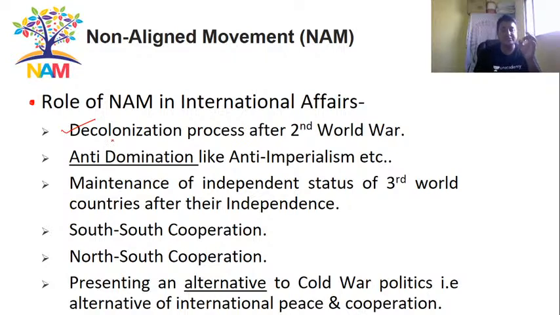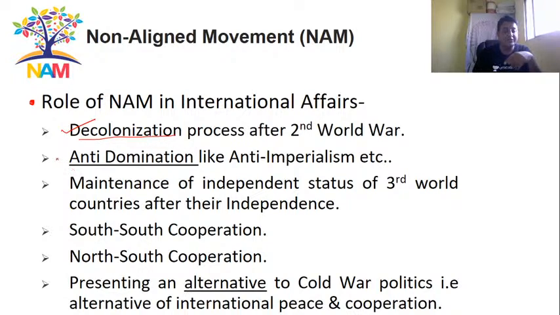It pressurized the colonial master to vacate their colonies and make these countries free. So this is the first role played by NAM after the Second World War. Clear? So they strongly supported the idea of decolonization after the Second World War.